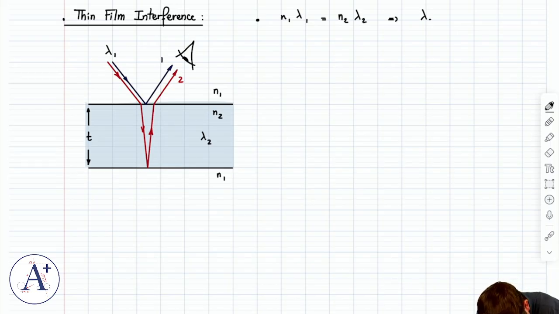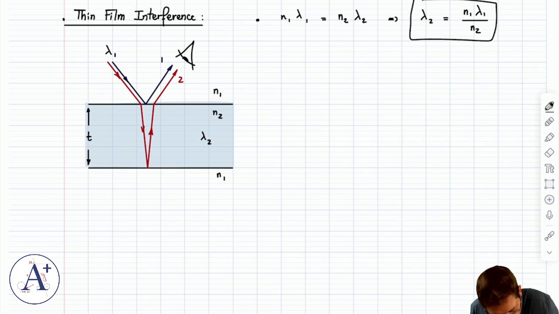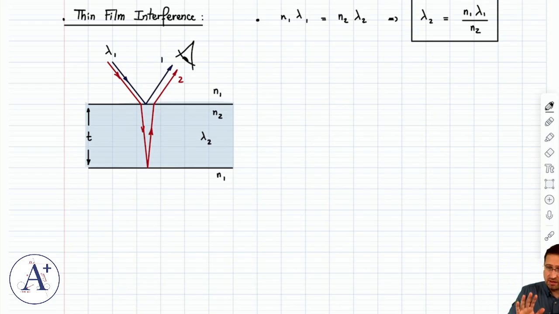In other words, that lambda 2 is n1 lambda 1 divided by n2. And more often than not, n1 is 1 because it's air, and so you just get lambda 1 over n2. But you have to use the proper wavelength when you're writing your constructive and destructive interference conditions.